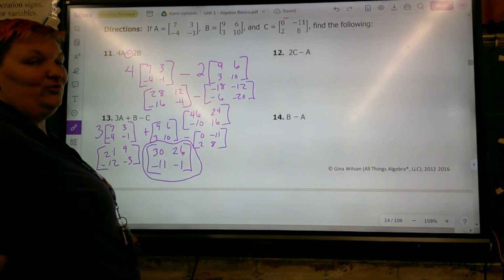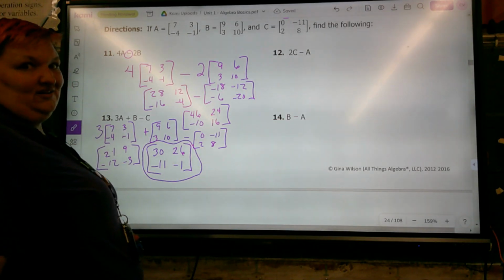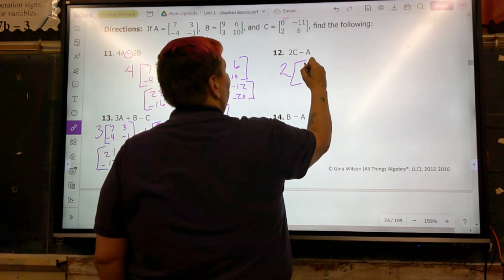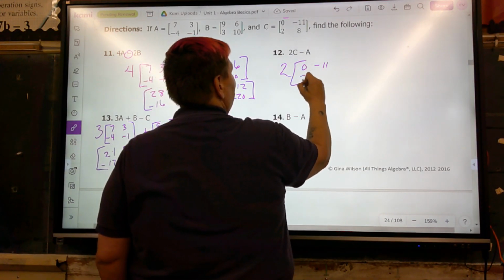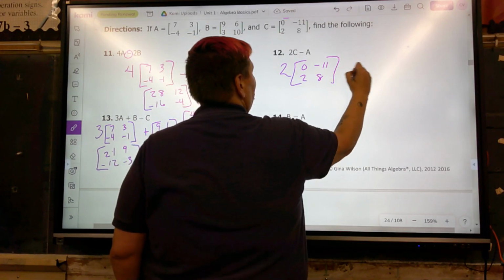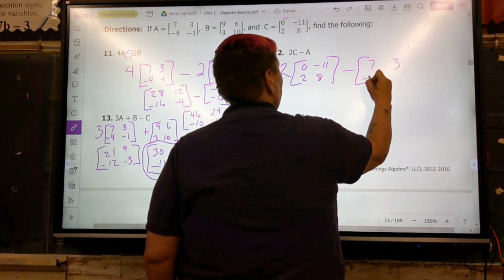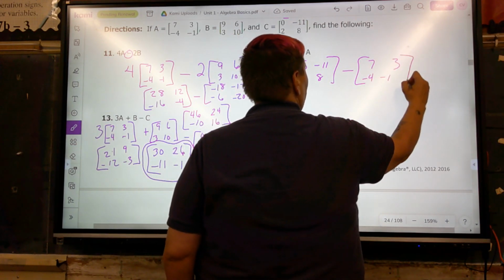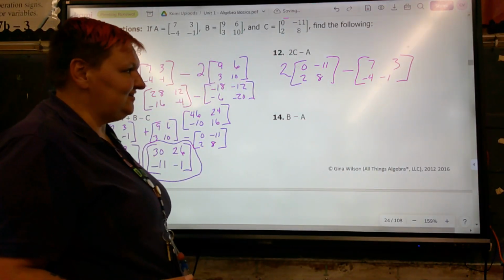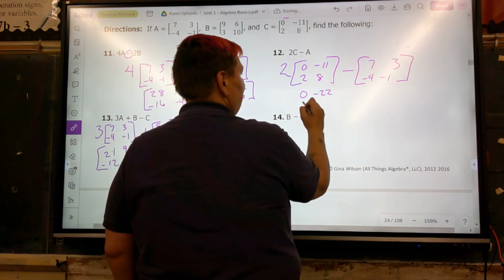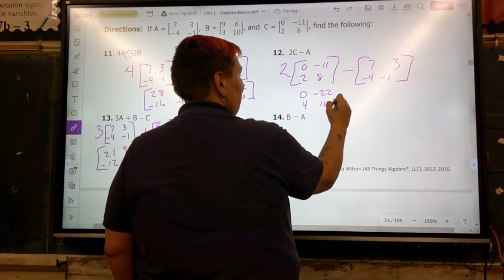Pause it. Do it. Okay, you're on pause. 2C, 0, negative 11, 2, 8, minus A, 7, 3, negative 4, negative 1. So hopefully you set it up like this. 0, negative 22, 4, 16.